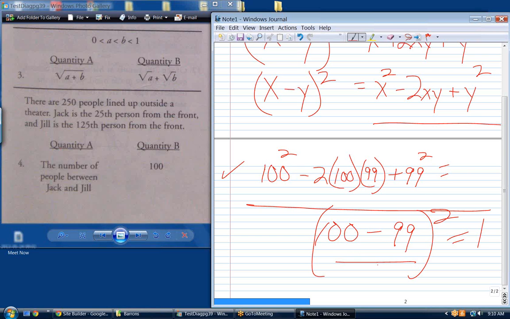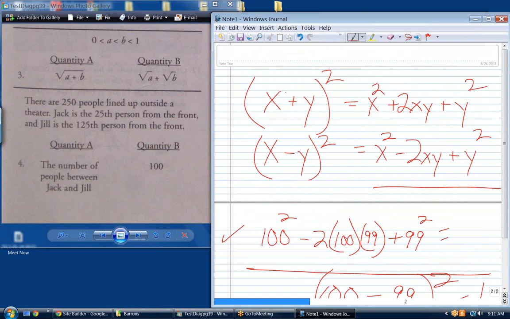And I can do this math in my head. So it's questions like this that make it valuable to know these two by heart, so that when you see it in this mode over here, you'll recognize it. Whereas if you only had experience FOILing, you wouldn't be able to do that.